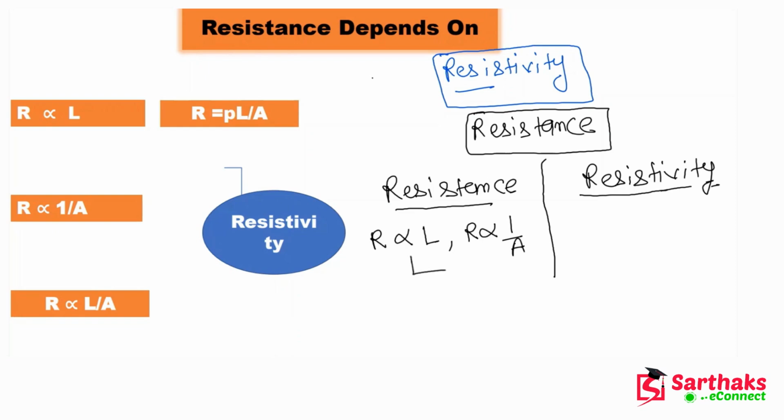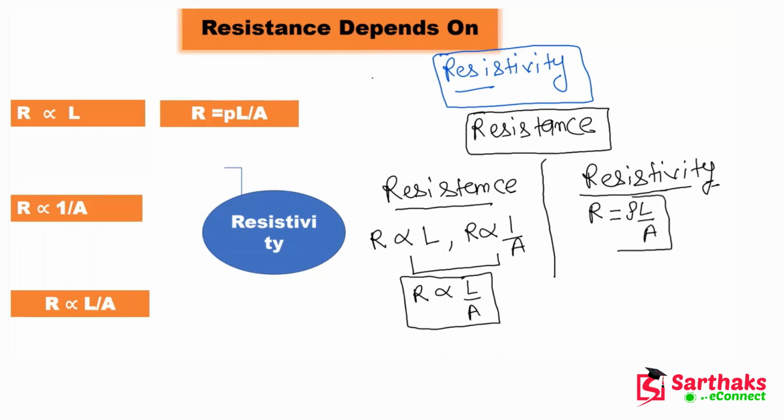If I write it combined, then resistance is proportional to L upon A. Now guys, to remove this proportionality, I will replace it with an equal sign and also add a constant. In this case, the constant is rho, so R equals rho L by A.